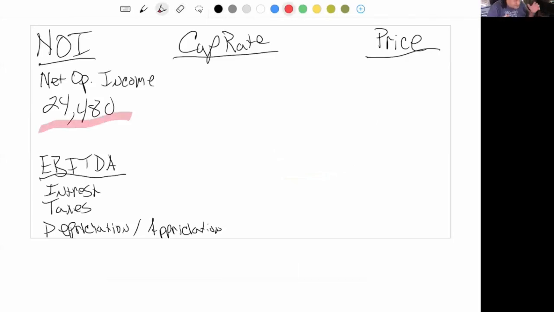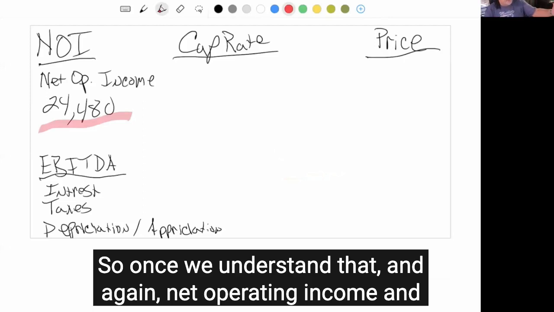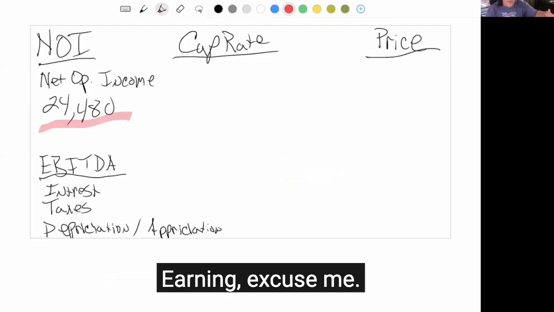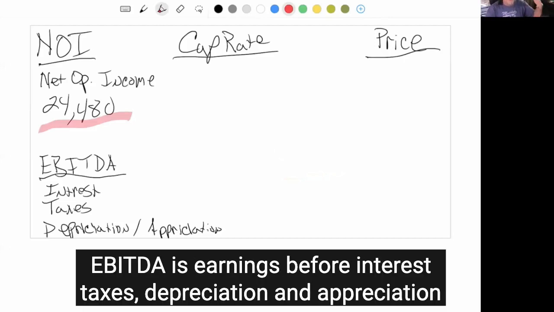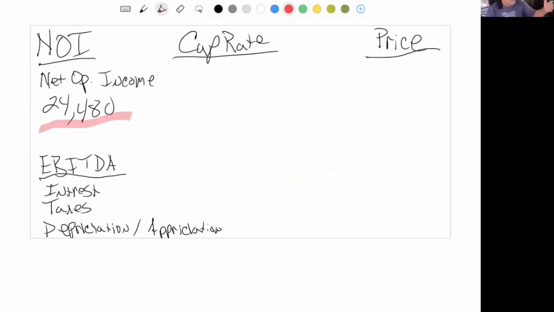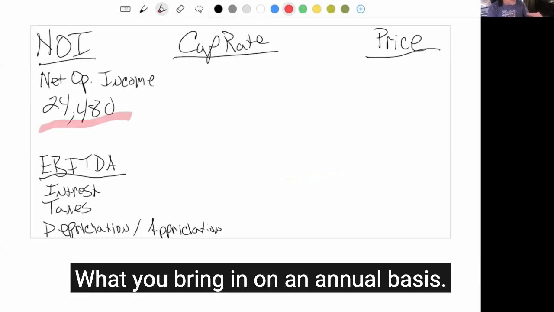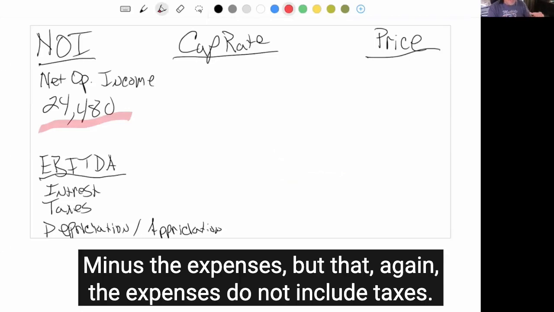Once we understand that, again, net operating income and EBITDA are very similar things. EBITDA is earnings before interest, taxes, depreciation, and appreciation. Net operating income is your gross, what you bring in on an annual basis, minus the expenses.